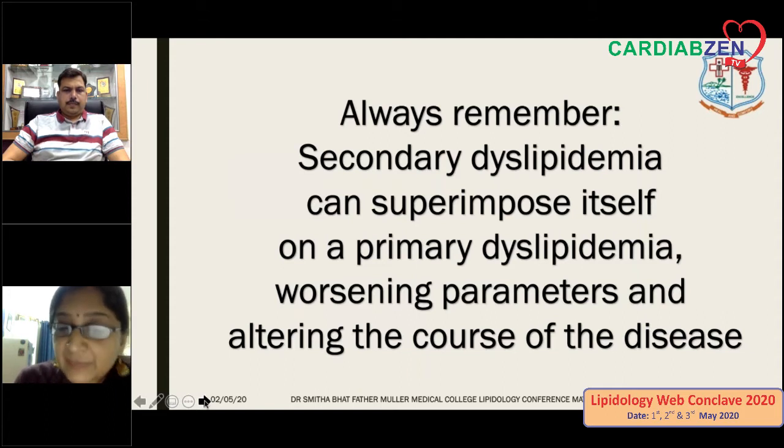So always keep in mind that a secondary dyslipidemia can worsen the parameters, can alter the course of the disease, can in fact result in a sudden catastrophe, like pancreatitis in case of hypertriglyceridemia, or, let's say, an acute coronary syndrome. So always keep in mind that a sudden worsening in a patient might be because of a secondary dyslipidemia.